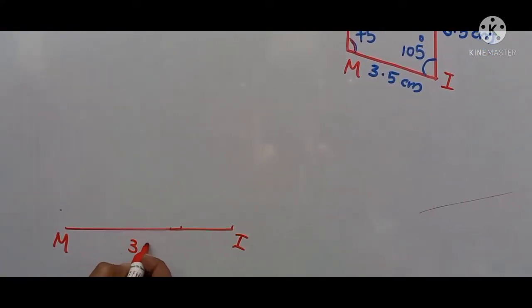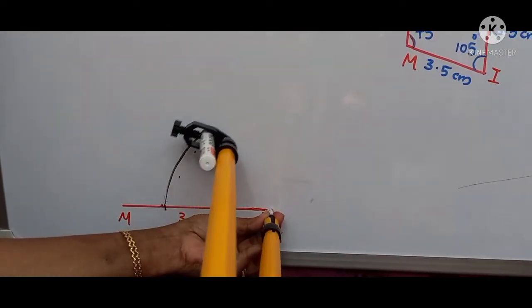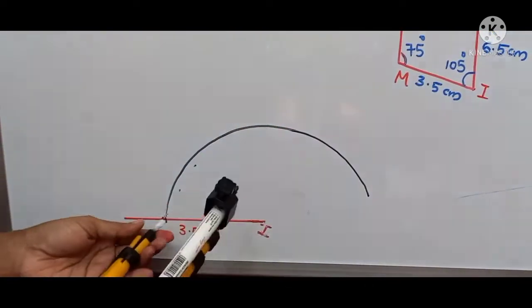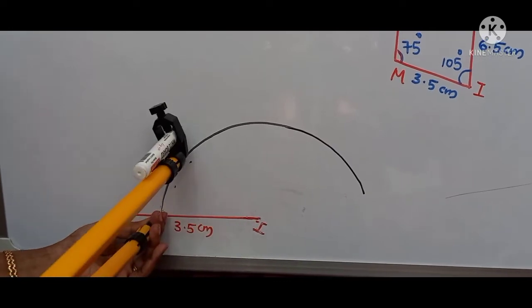3.5 centimeter. Pointing on I, draw an arc like this, and without changing the compass width, pointing here, draw one arc.